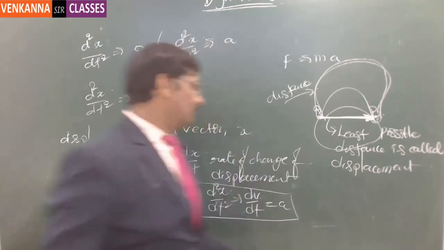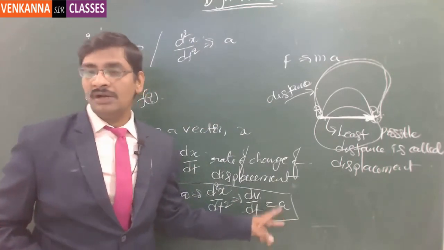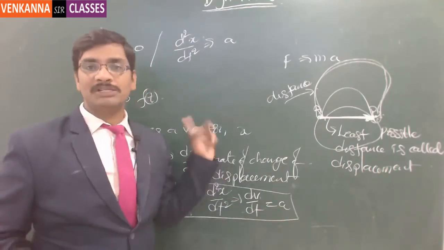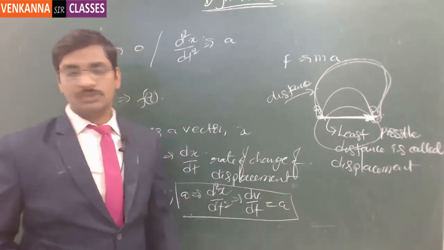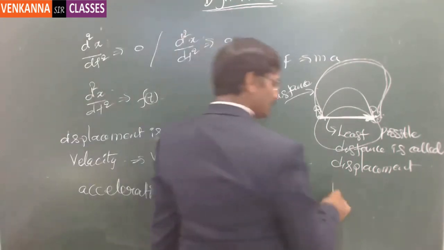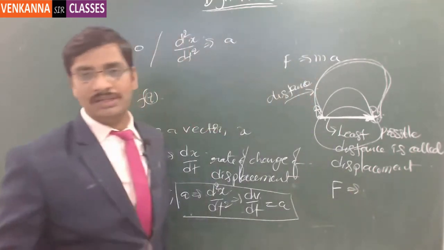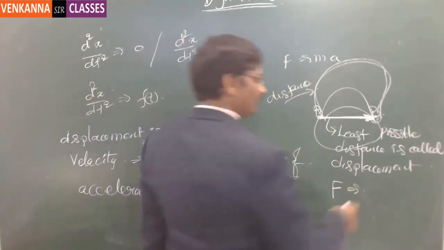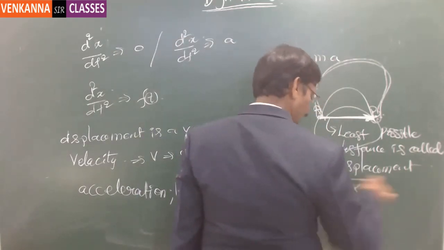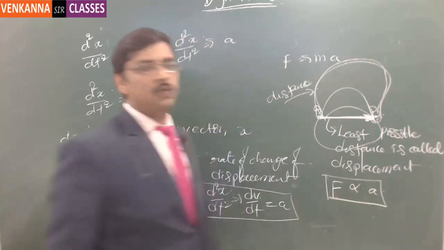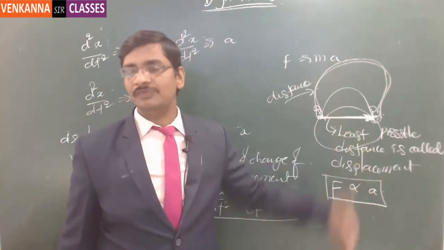This acceleration will be the fundamental quantity for dealing with all the aspects, because it is directly related to the force. By definition, as per Newton's second law, we usually deal with only constant mass. If it is constant mass, then F is directly proportional to A. So force applied is directly proportional to the rate of change of velocity.